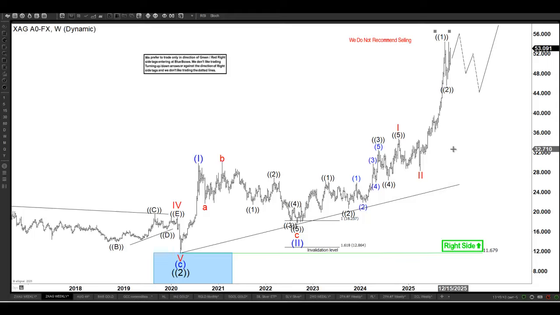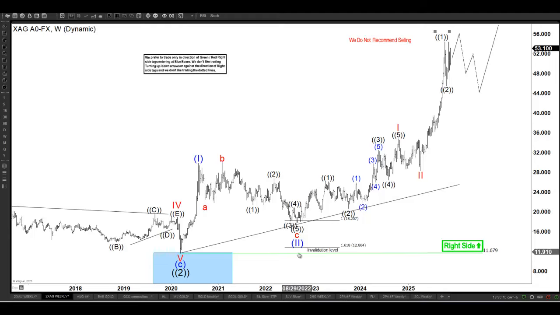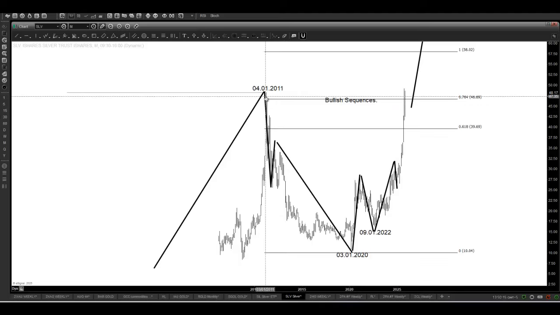What I'm providing to you guys is a new way to use Elliott Wave. Yes, I use the overlapping to deny a wave 5. That's Elliott Wave. I use the overlapping to come out with the idea that the best way is a nest. I use the new highs on the silver ETF here to tell you that it's incomplete and create a bullish sequence.